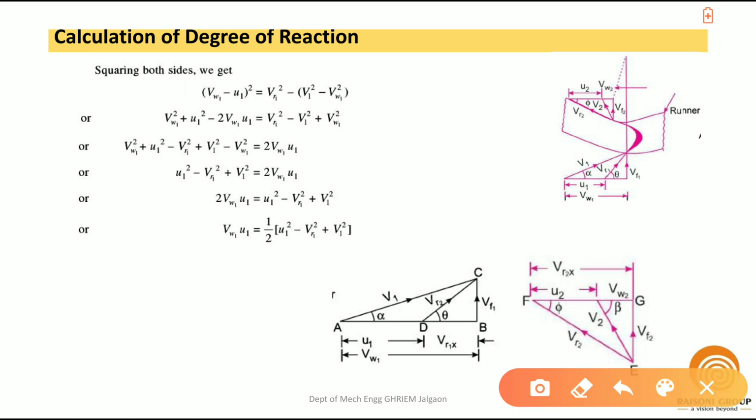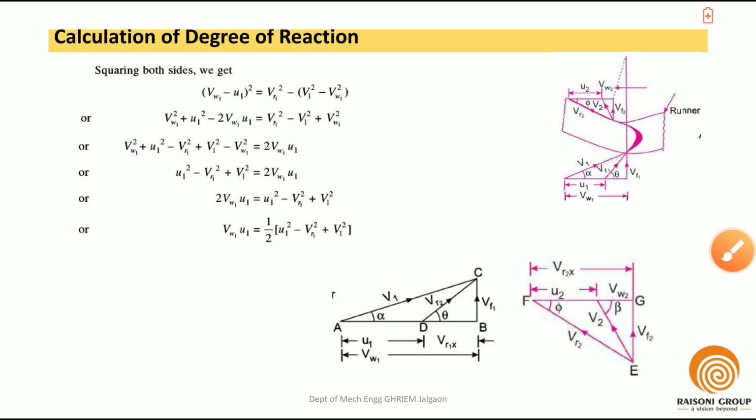Again if we simplify it here, after simplifying we will get the expression like this: U1 square minus Vr1 square plus V1 square is equal to 2 Vw1 U1, as this plus Vw1 square and minus Vw1 square will get cancelled.